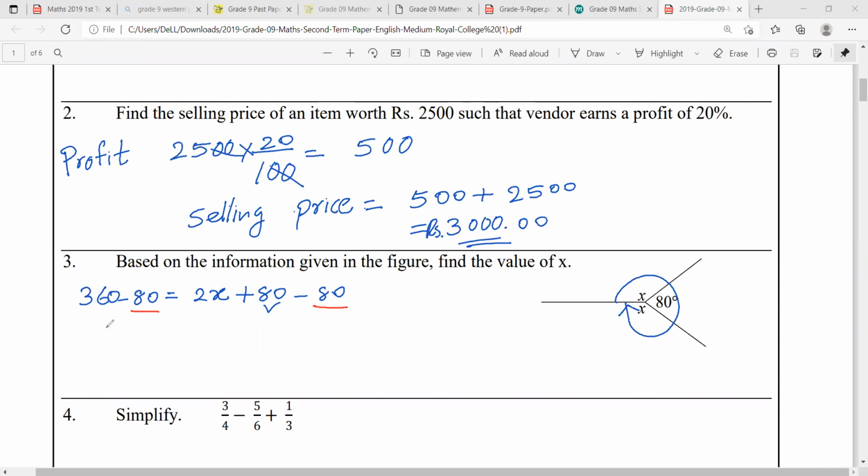Then you get rid of this 2, and you get the answer 140. So x equals 140 degrees, and this is the answer, right? So we'll go to the next question.